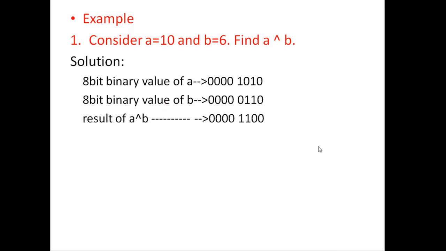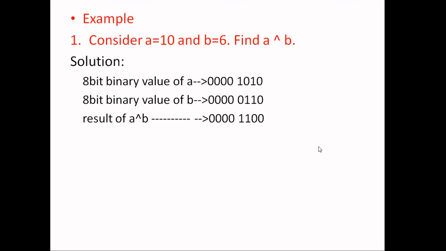So 0 0, it will be 0; 0 0, it will be 0; 1 1, 1 1 yields 0; 0 1, it's 1; 1 0, it's 1; both the cases are 0, then 0; both the cases are 1, result is 0.